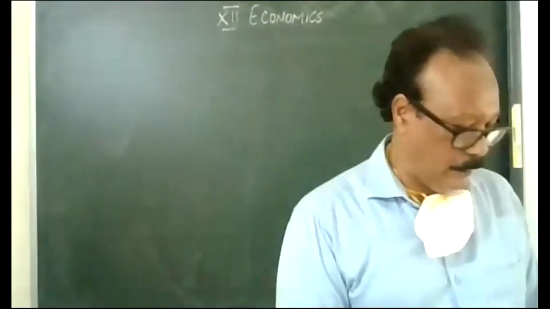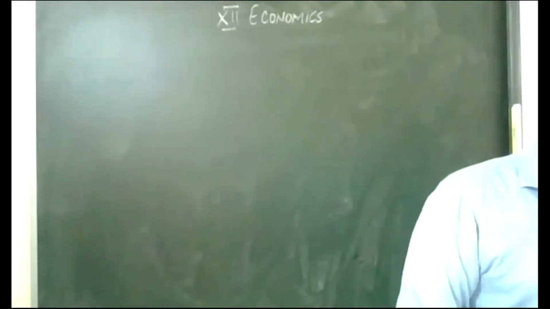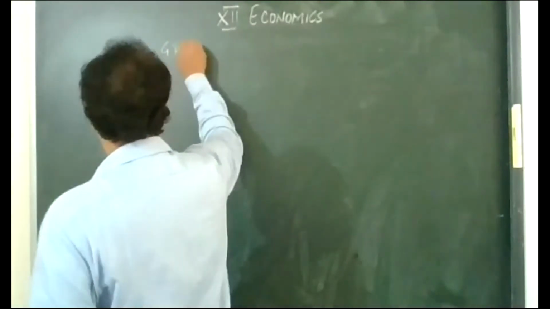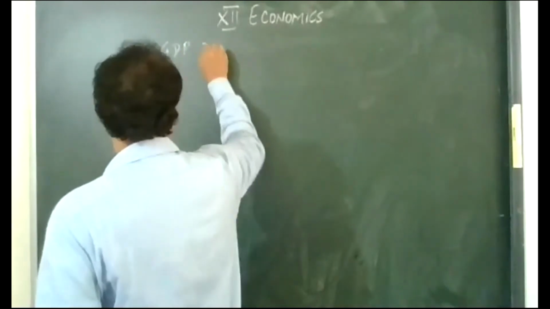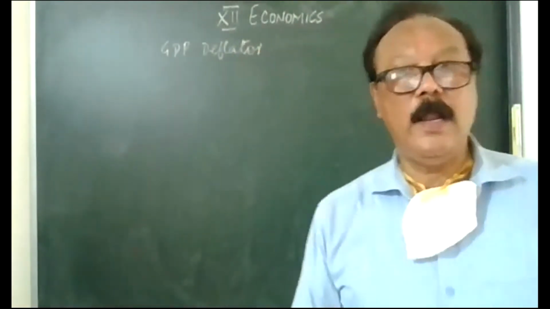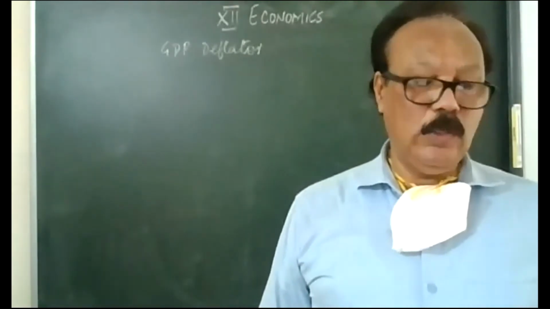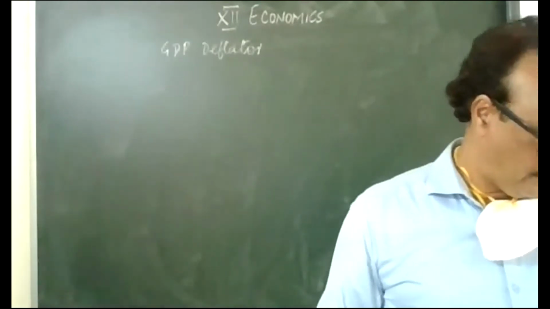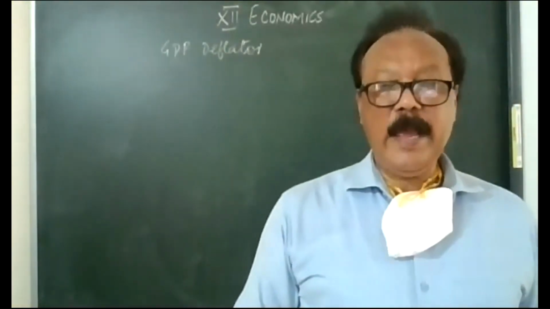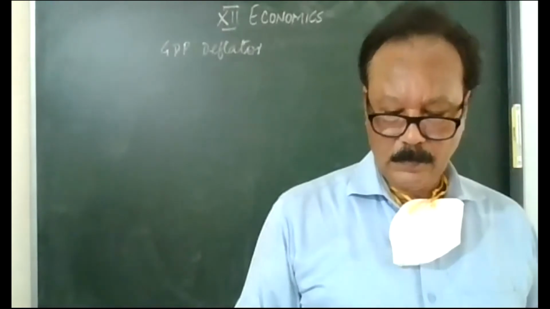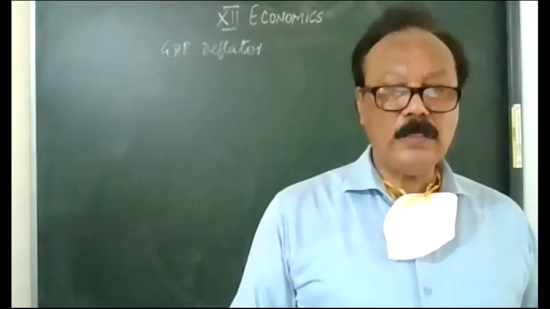Okay, next is GDP deflator. Write down. It refers to the ratio between GDP at current price and GDP at constant price.